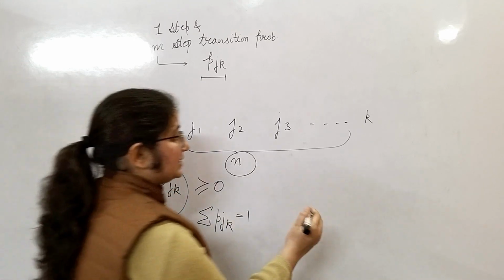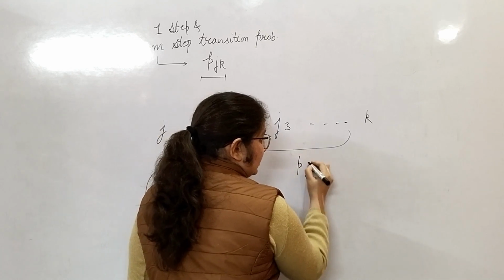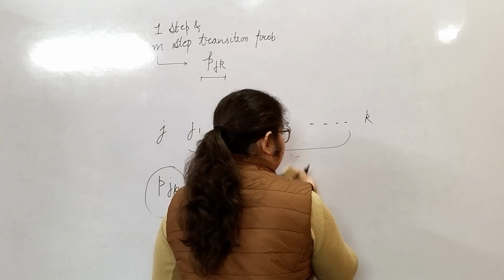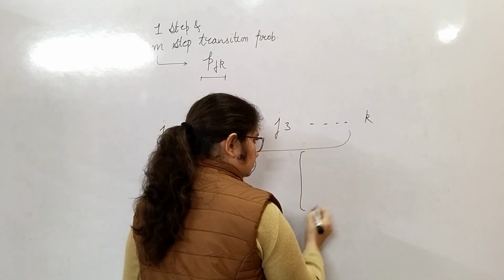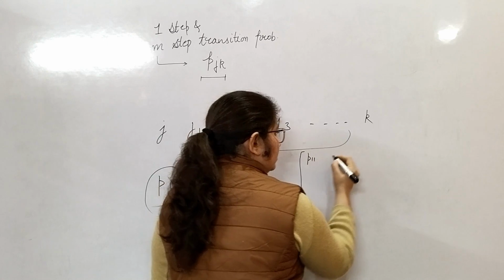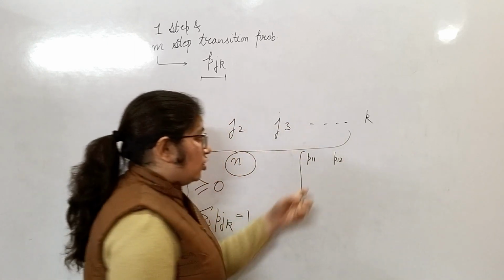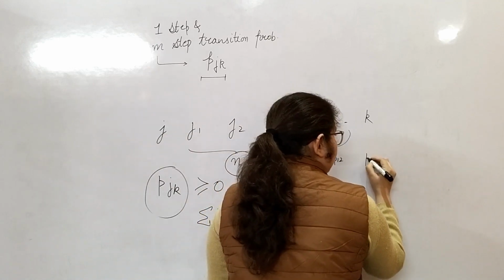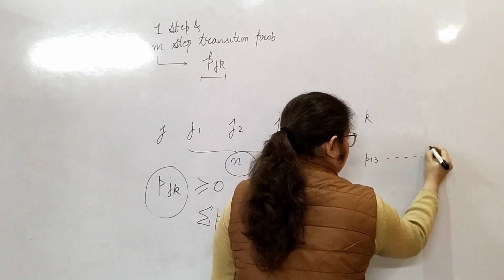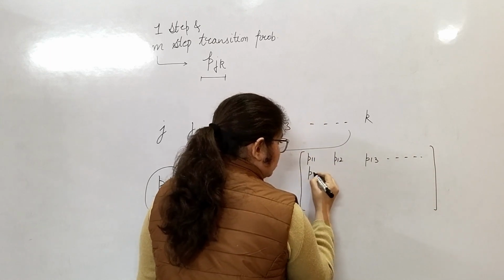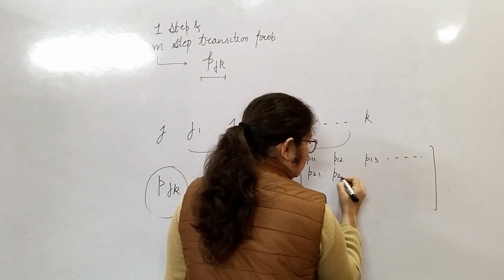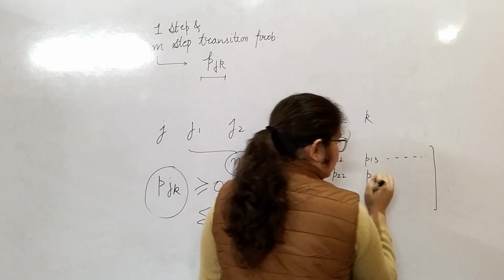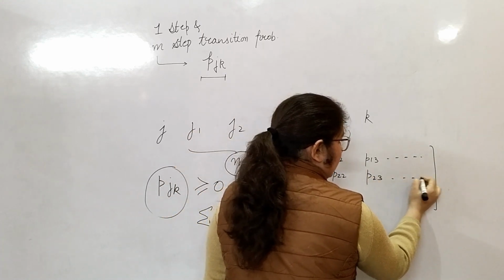Now the transition matrix, how does it look? pjk. If I want to make a transition matrix, how will I make that matrix? See, p11, p12, first row first column, first row second column, p13 and so on, p21 second row first column, p22 second row second column, p23 second row third column, and so on.